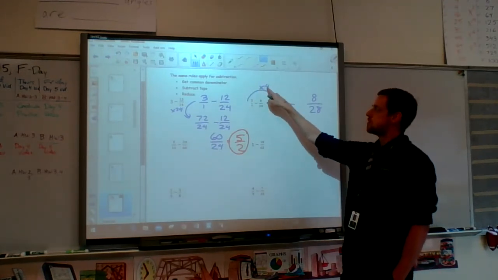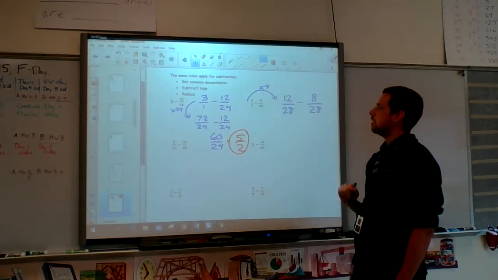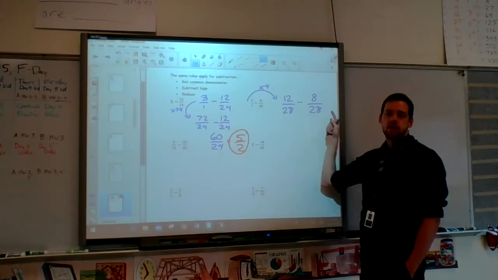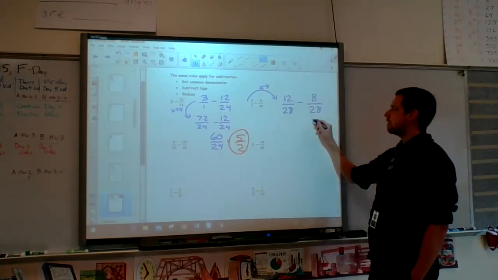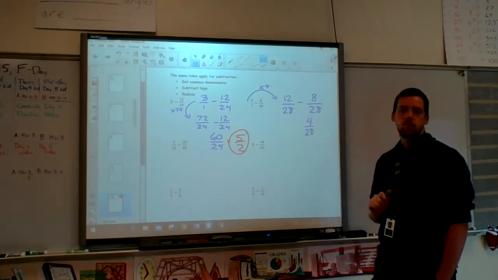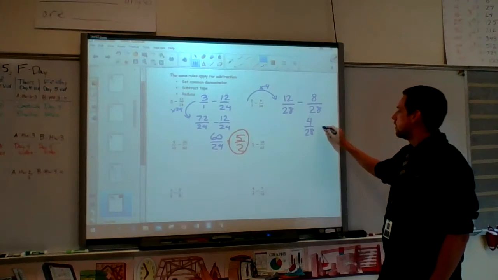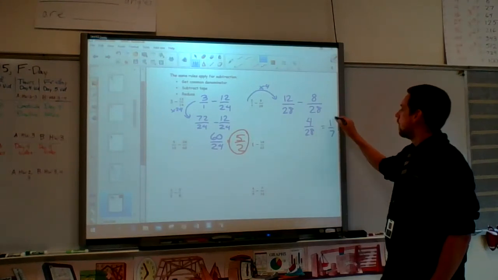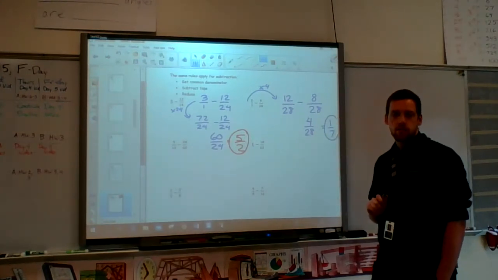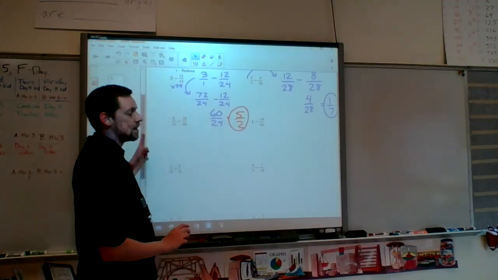So 7 times 4 is 28. 3 times 4 is 12. I could subtract these now. 12 minus 8 is 4. Keep the bottoms the same. 4 over 28. If you go to reduce this in the calculator, you'll get 1/7.